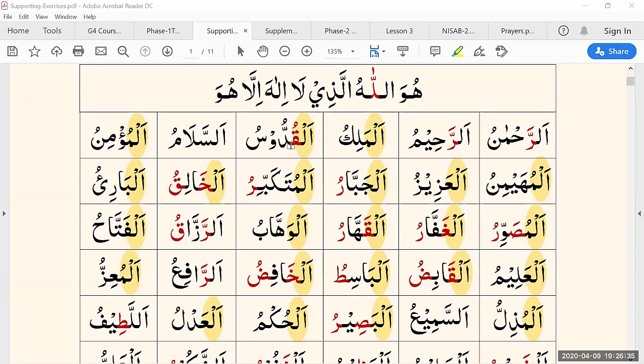There's a name for it, a category in which the letter qaf is included. It's thick sound. Yes, that's right. So it's included in huruf al-tafkhim, which are thick sounding letters, right? So al-Quddusu, and remember? Al-Quddusu. Yes, that was much better.